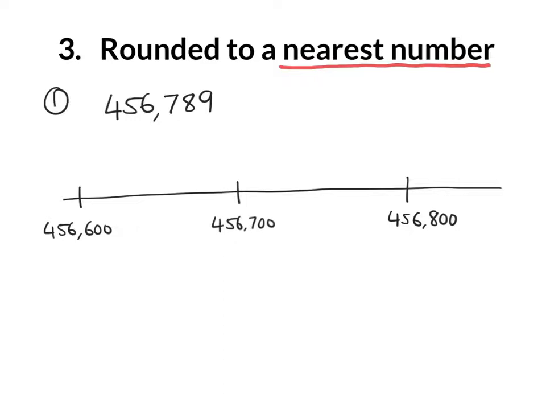The number to be represented on this scale may fall somewhere here. Since it is after the midline between two numbers, this number would be represented by the next number, that is 456,800.